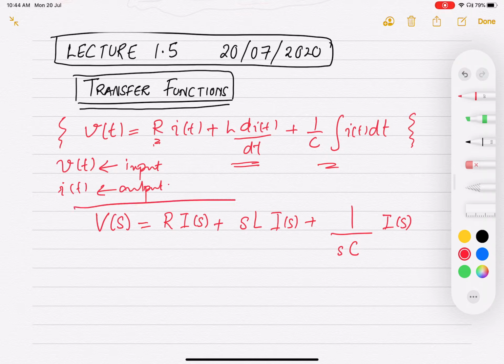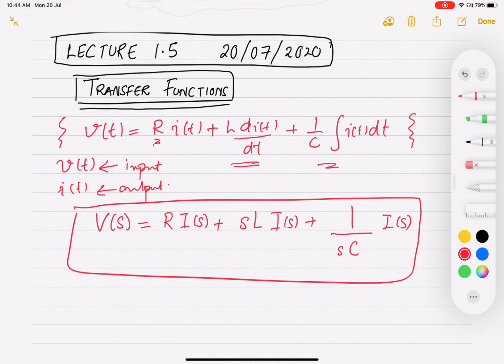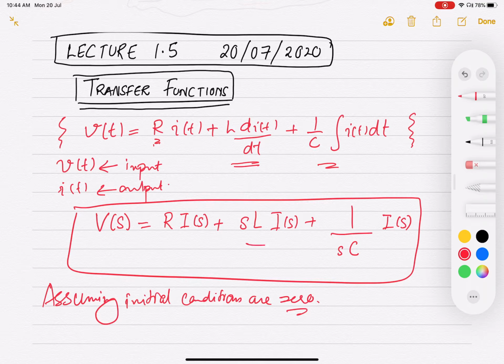Now we have written this assuming initial conditions to be 0. Otherwise, you'll have to put initial conditions here and also here.